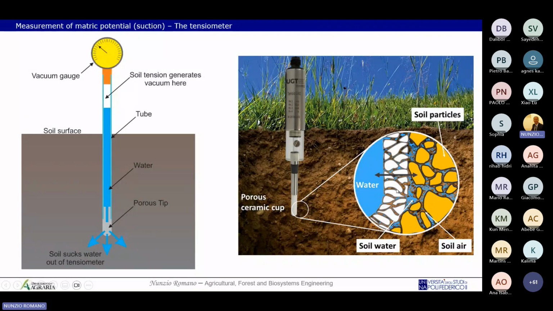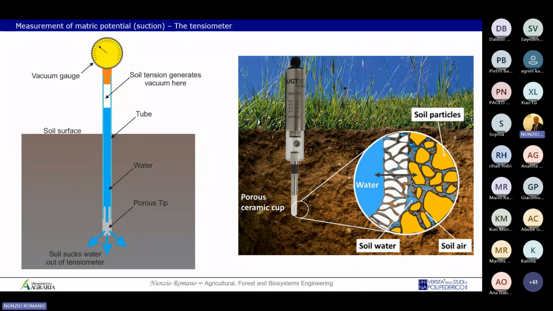Into the pores of the porous cup, there are menisci of water, and this meniscus prevents the air from going through from the tube to the soil.